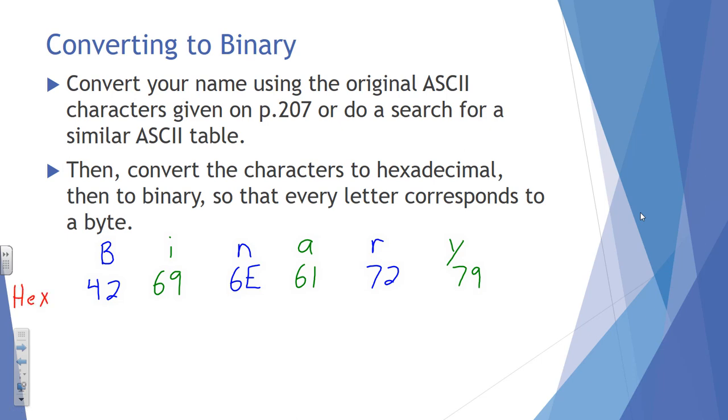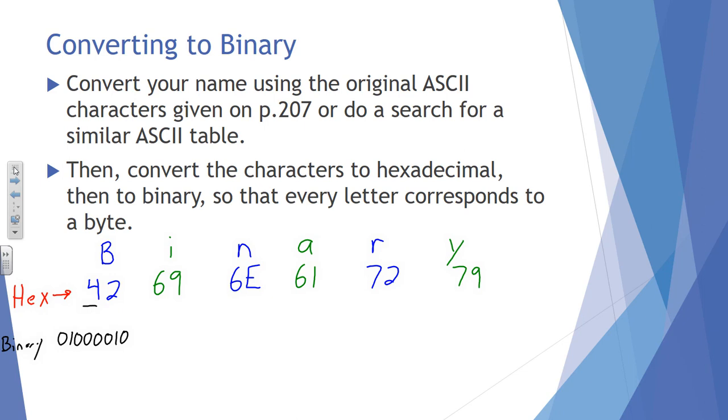Now switching from hex to binary is pretty easy because remember, every hexadecimal digit corresponds to 4 binary digits. 4 is 0, 1, 0, 0. 2 is 0, 0, 1, 0. So capital B binary is 0, 1, 0, 0, 0, 0, 1, 0.